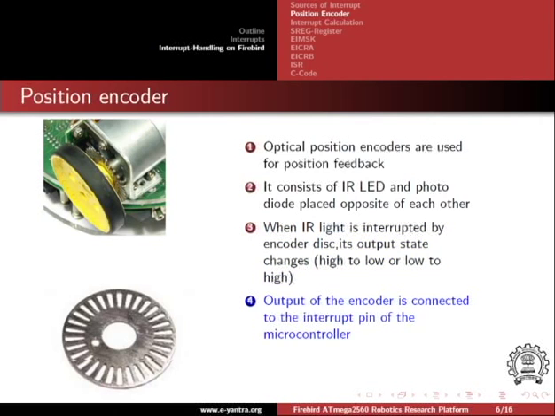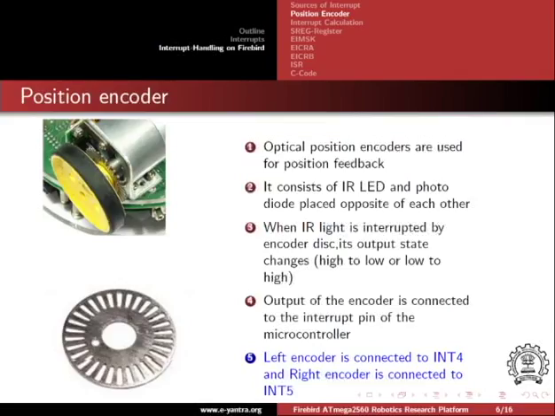The disc, called the encoder disc, cuts the path between the LED and the diode to generate an output of high and low pulses. This output from the encoder is connected to the external interrupt of the microcontroller. So the left encoder is connected to INT4, that is external interrupt 4 of the microcontroller, and the right encoder is connected to INT5, that is external interrupt 5 of the microcontroller.